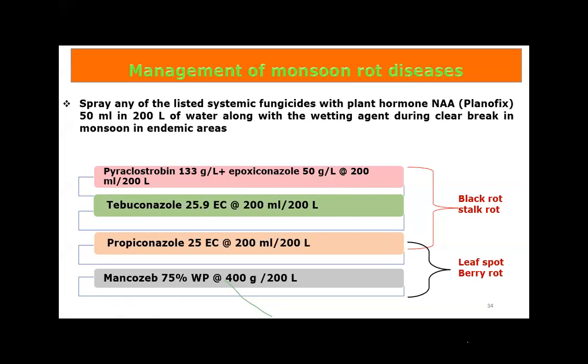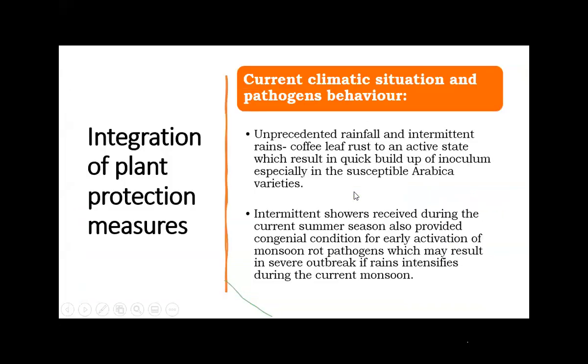So in such conditions where the plantations have black rot incidents or stalk rot incidents, as well as leaf rust incidents, you can very well opt for pyraclostrobin and epoxyconazole, that is Opera, at the rate of 200 ml in a barrel. That you can use.